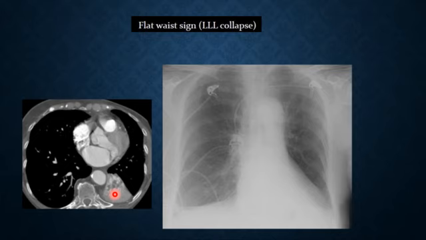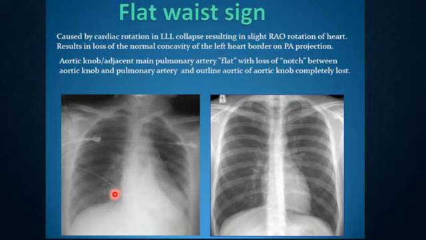So when you see it, you need to make a lateral chest X-ray to confirm presence of a lower lobe collapse. And if you look carefully, you can see this is the collapsed lower lobe as a retrocardiac triangular opacity, which we miss a lot without proper history.